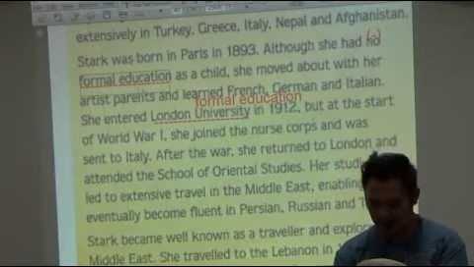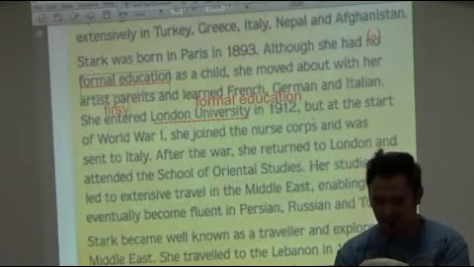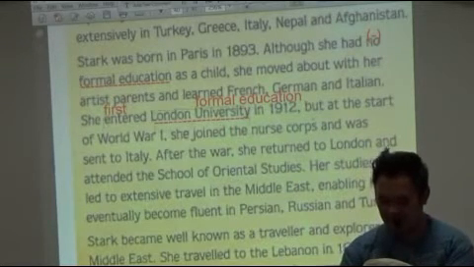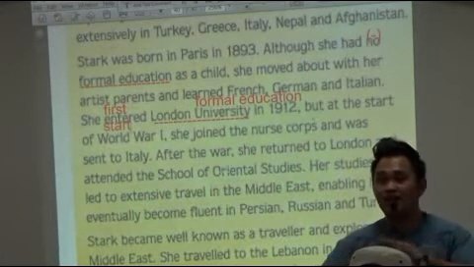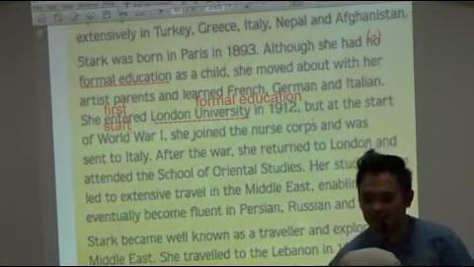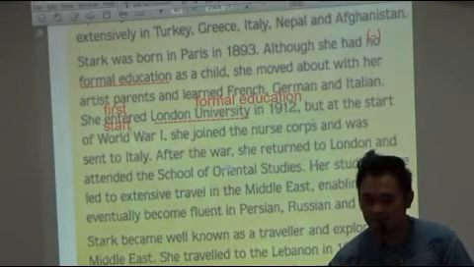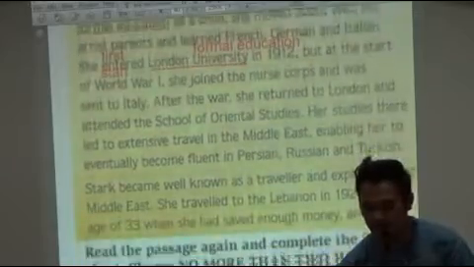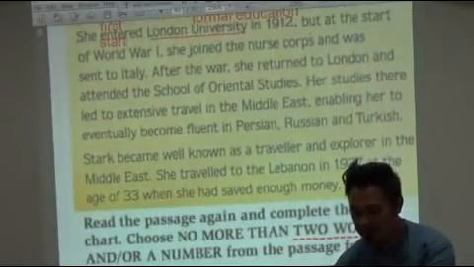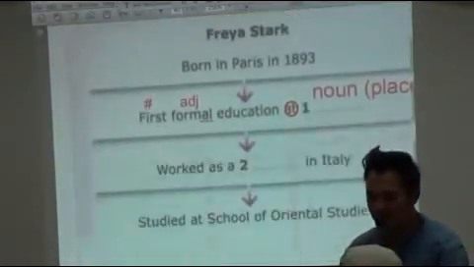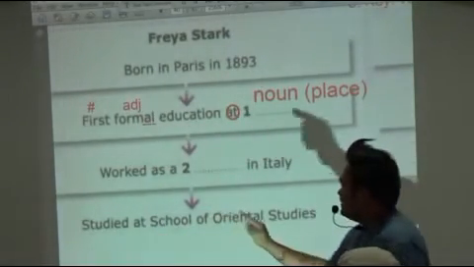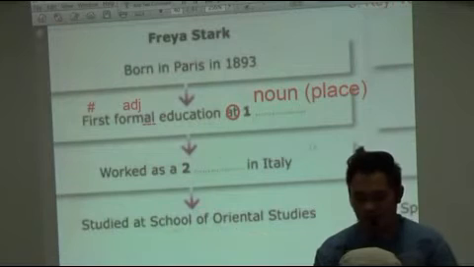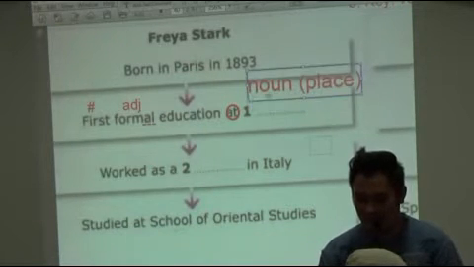Enter. To enter means to start, isn't it? Paraphrasing. Now let's go to the bottom. What's the question? Let's read again. First, formal education at, what's the place? London University.